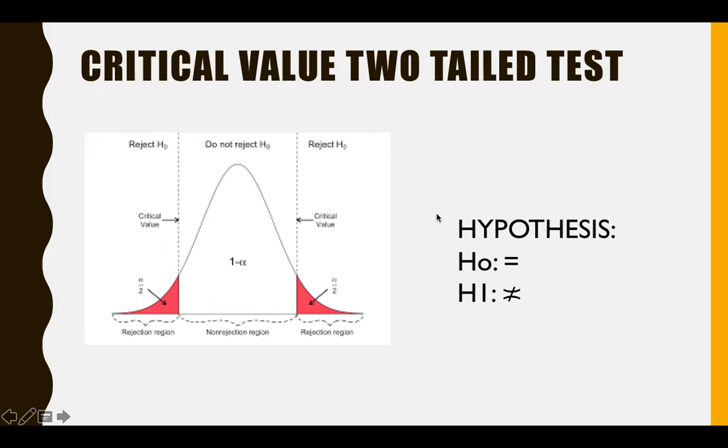This is how a two-tailed test will look like. Here is the rejection region and here is the rejection region, meaning that there are two rejection regions on the left and on the right. So this is the critical value point, and this is also the critical value point.